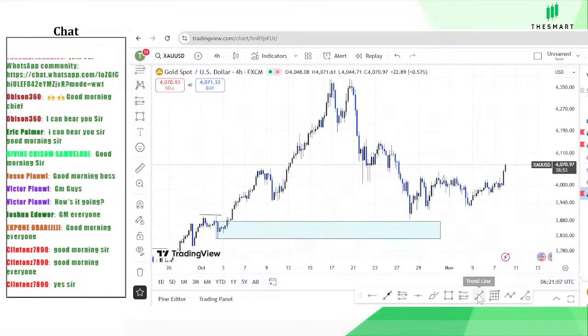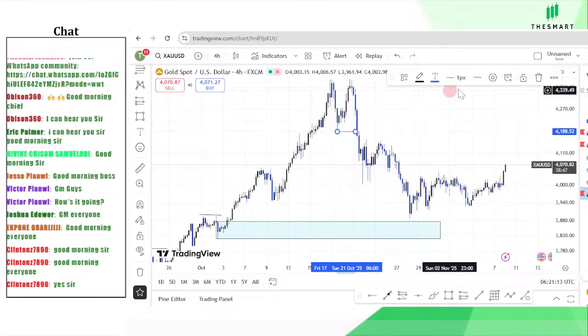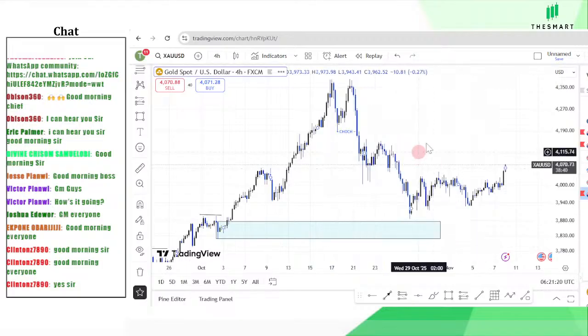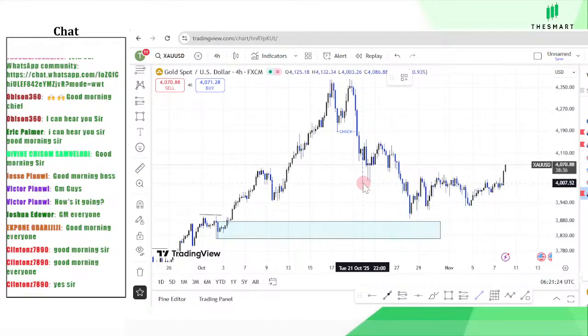Price behavior. So at this level here, we have this change of character. We have this change of character at that level. We have this break of structure.